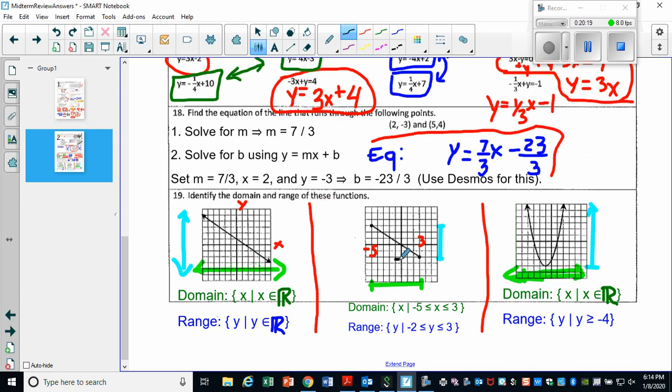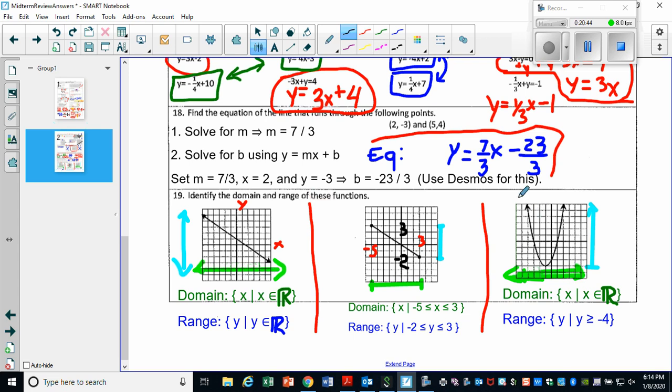And then you went up to -1, 0, 1, 2, 3. So your domain is -5 to +3. That's your x's. And then your range, -2 up to +3.